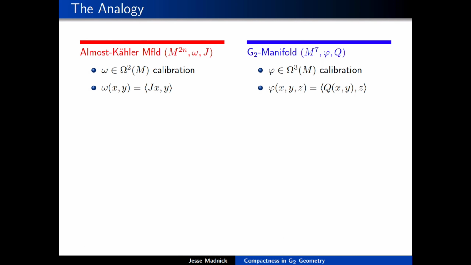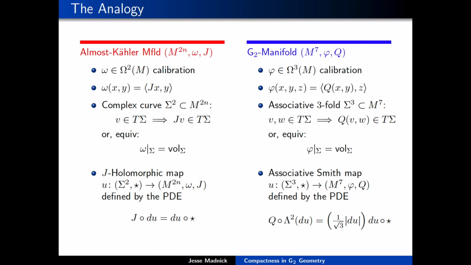But at the moment, let's summarize what we've done in terms of an analogy. So the analogy between almost Kähler manifolds and G2 manifolds is this. On an almost Kähler manifold, you have a calibration given by a 2-form, and you can lower an index to get an operator called J on the tangent spaces. In a G2 manifold, you have this 3-form, and that's somehow the fundamental object, and again, you can recast it using the metric as a cross product, Q. So Q is, in the G2 world, playing the role of J, and phi is playing the role of omega.